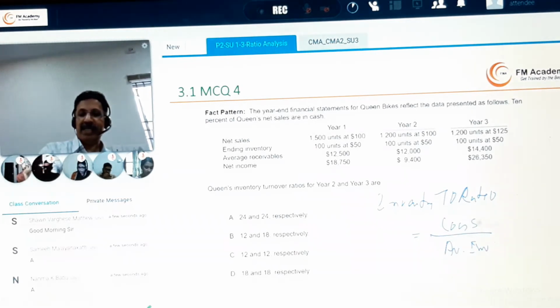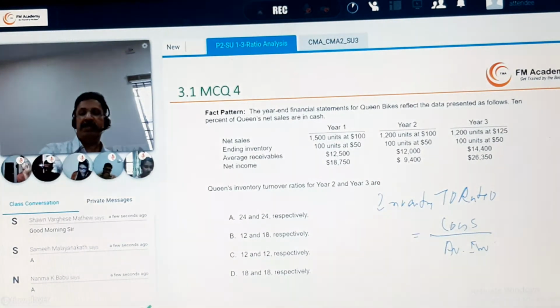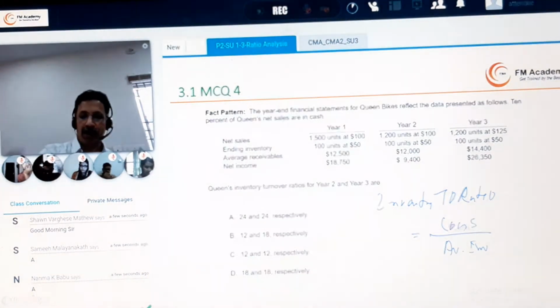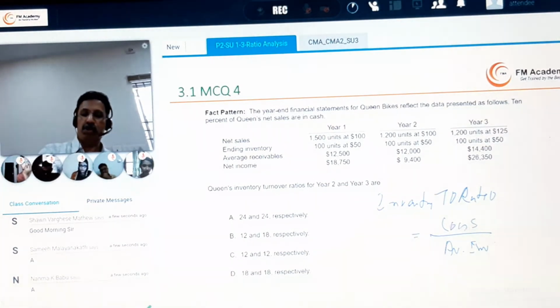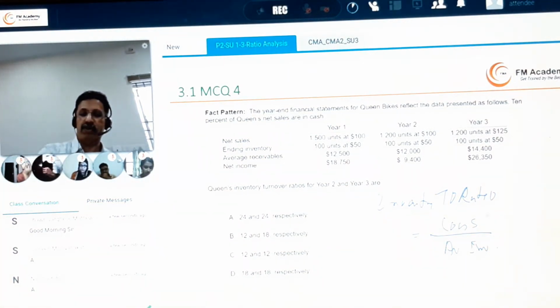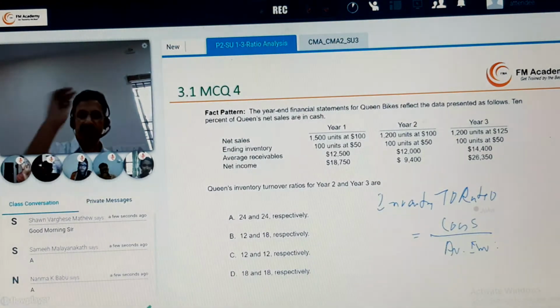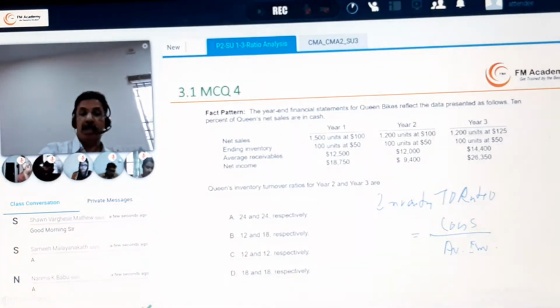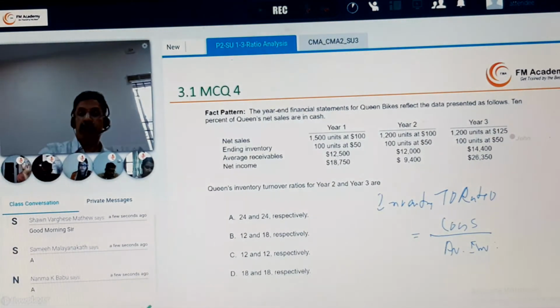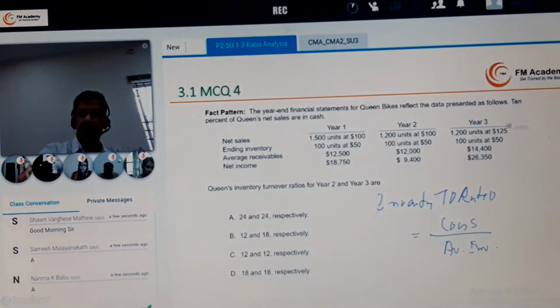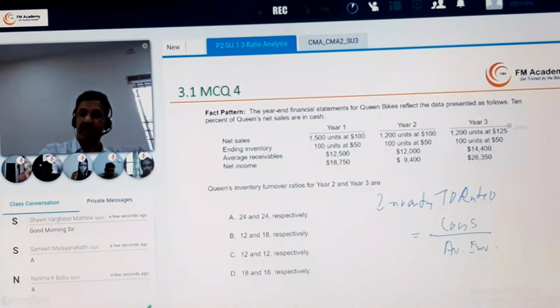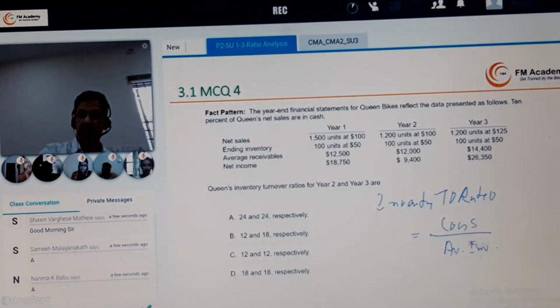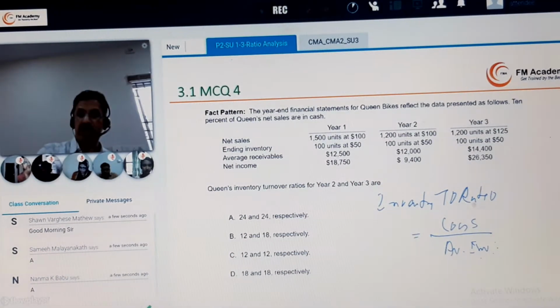Here this is like how many times the inventory is getting turned over, valued at cost. But then you are using the same cost in this particular case, because the ending inventory is valued at the same price. Beginning inventory also is valued at the same price, and you are not given any information other than that cost. So you can take even the quantity for the cost of goods sold as well as average inventory, because you have to value the sales at cost.